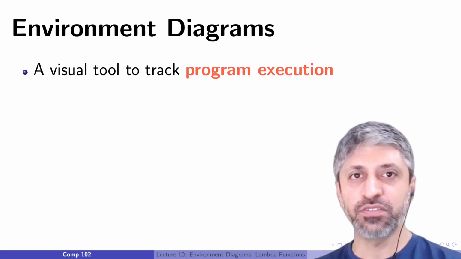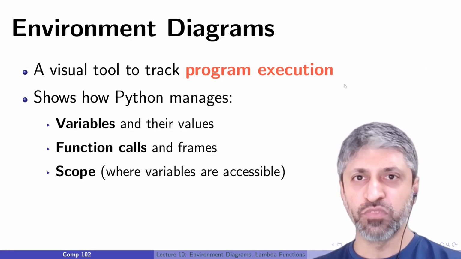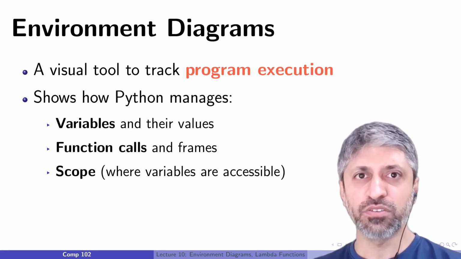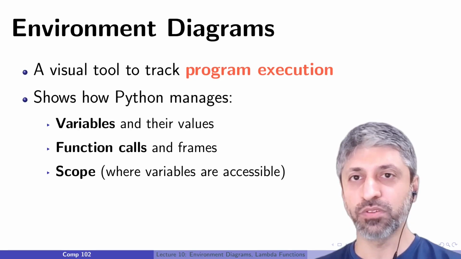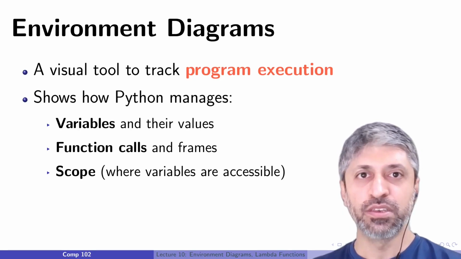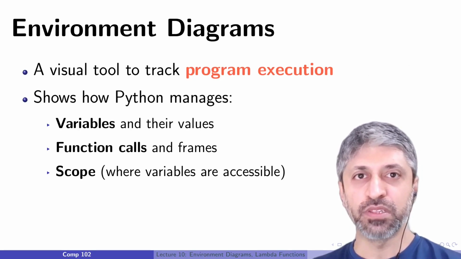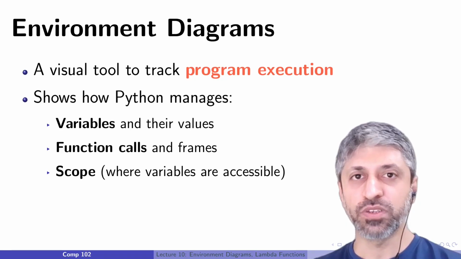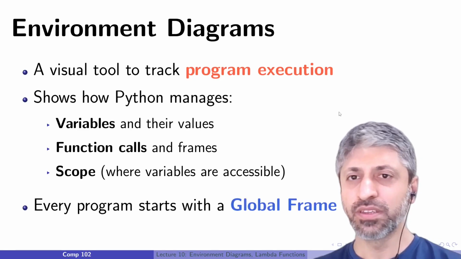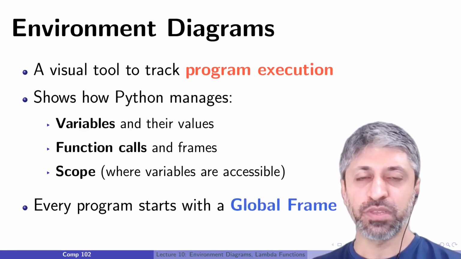It keeps track of three things, basically: variables and their current values, function calls and the frames that they create, and the scope. Scope, we talked about that, tells us where each variable is accessible to us. So every program begins with something called a global frame.